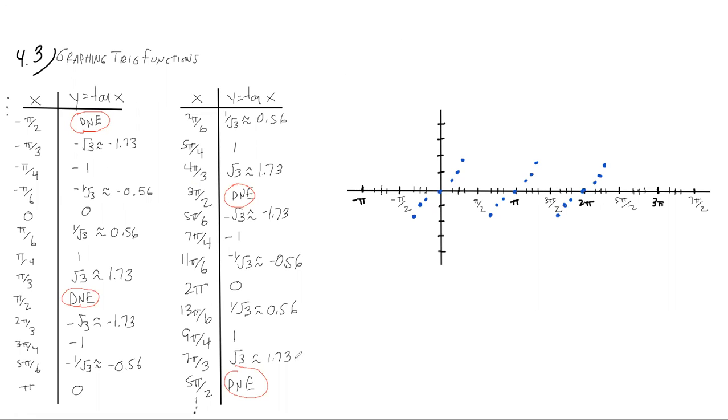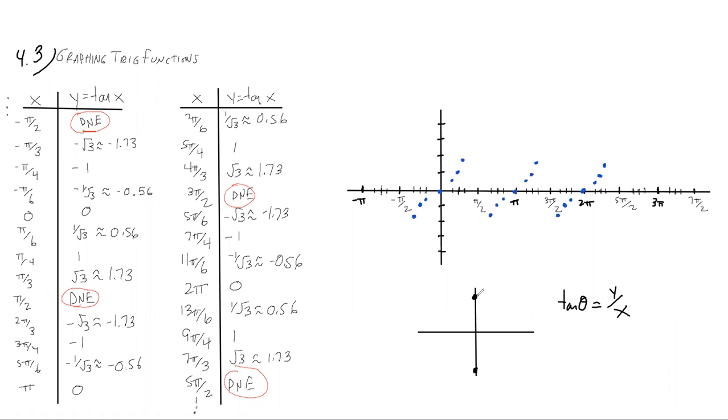So just to look at what's happening at those DNE points a little bit more closely, I'll just draw a picture along the bottom. So if you recall, tan theta in the graph is y over x. And so at negative pi over 2 or pi over 2 or 3 pi over 2 or 5 pi over 2, what we actually have are points on the y-axis, right?